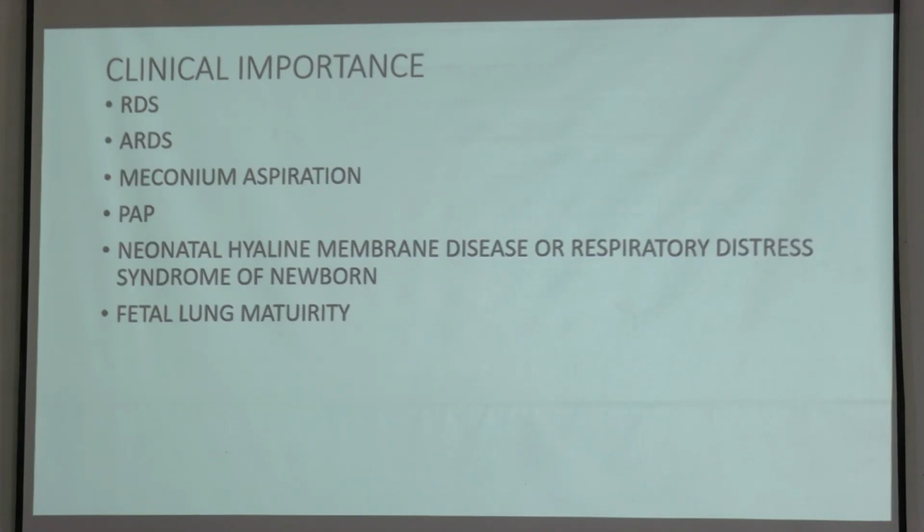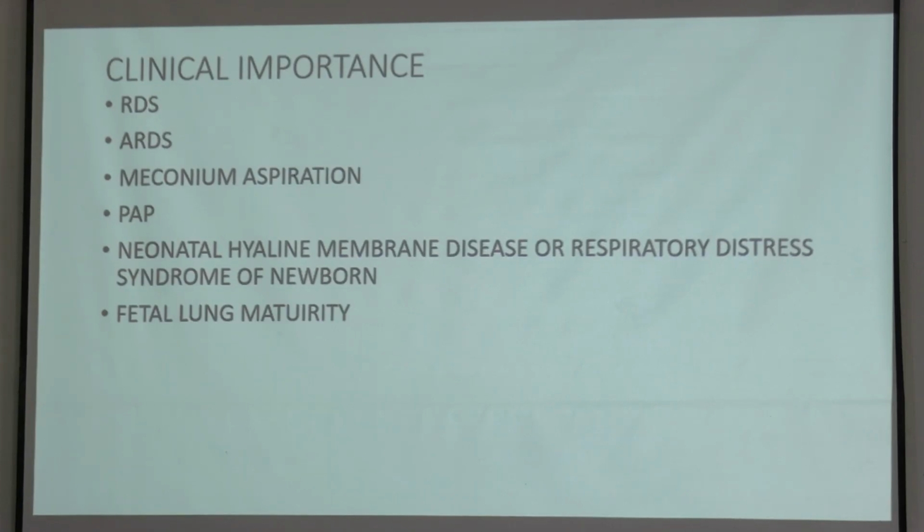Now what is surfactant? Your alveoli have to stay inflated so that their structure is maintained till end exhalation. Surface tension means the molecules come together and make it collapse.